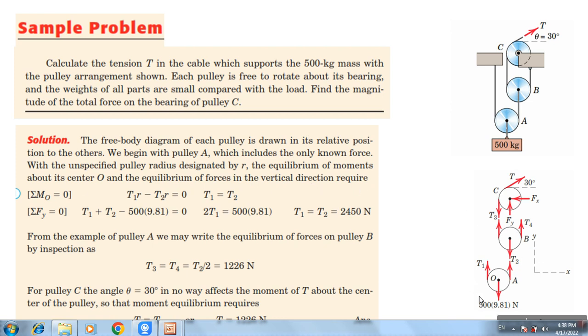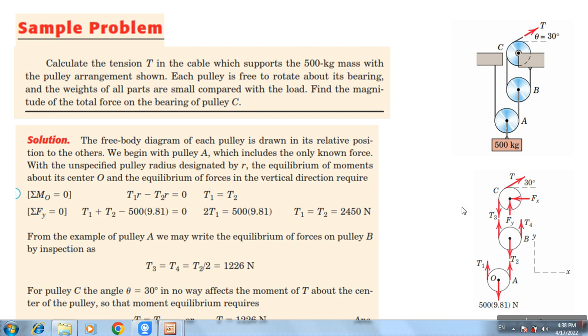So here I will take the moments about O, and the summation of the vertical forces equal to 0. Again, the moments about O is equal to 0, and the forces in the direction of Y is equal to 0.